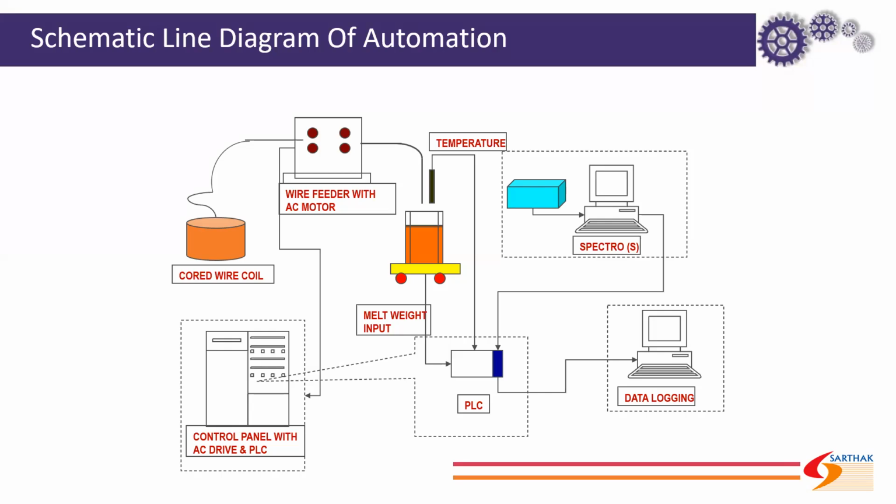That interfacing takes place automatically, and it calculates directly the required magnesium wire length. So there is no human interference. This is a fully automated process.